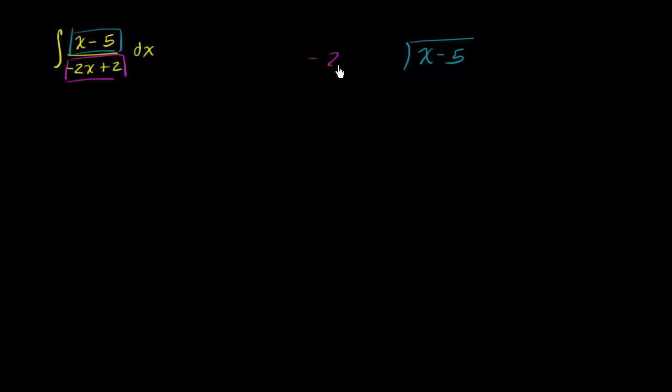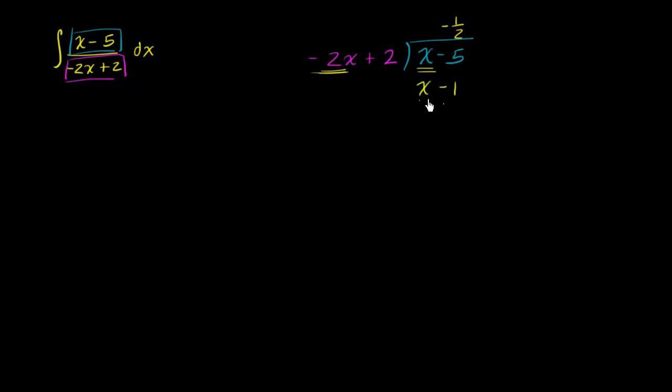Look at the highest degree terms. How many times does negative 2x go into x? It's going to go negative 1/2 times. Negative 1/2 times 2 is negative 1. Negative 1/2 times negative 2x is just going to be positive x.